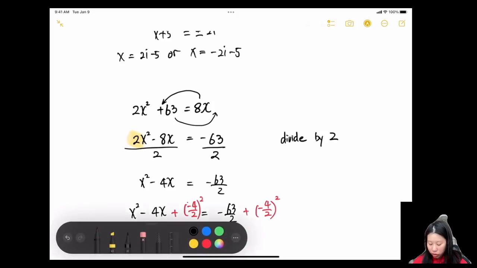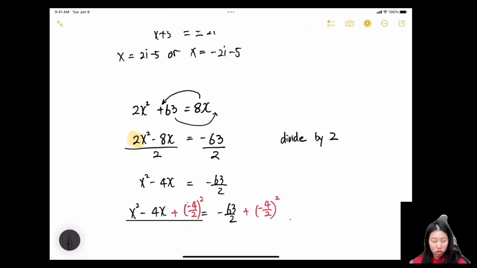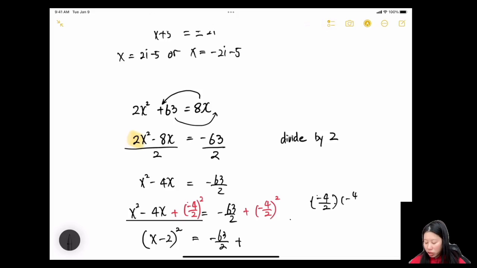Okay, so the first 3 terms can construct a perfect square, which is x minus 2 squared, because negative 4 divided by 2 is negative 2. It equals negative 63 over 2 plus, this is not hard, you think about negative 2 times negative 2, which is positive 16 over 4.